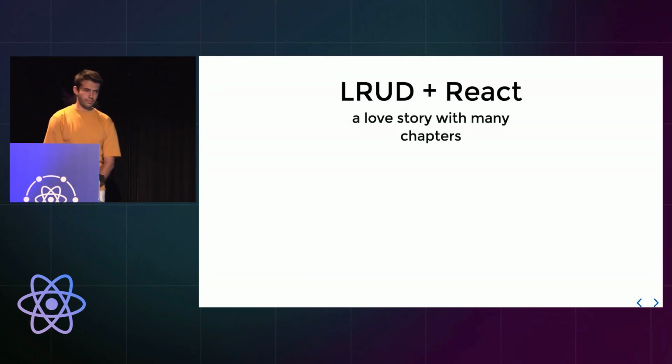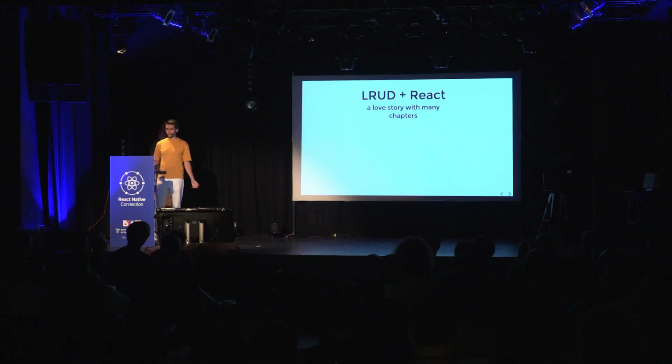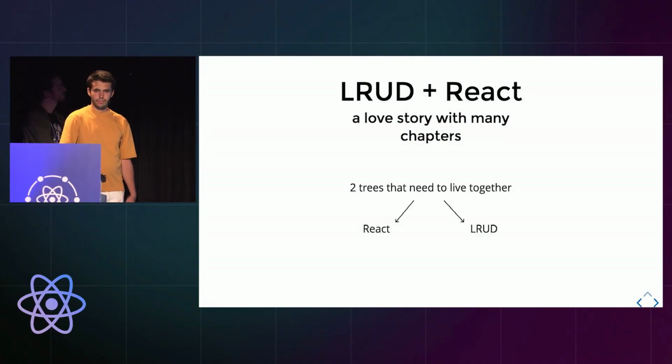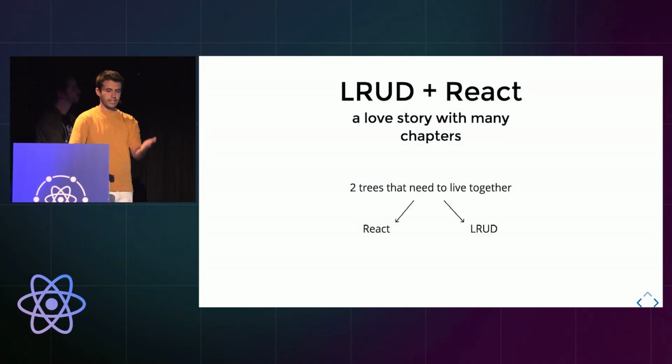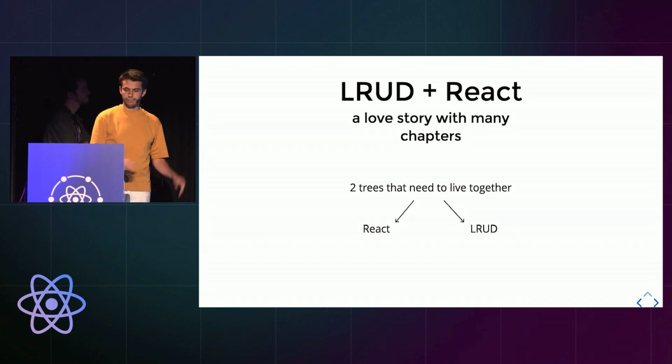Yes. So I showed you the API we want. Pierre showed you how Lrud works. So let's plug it all together. As Pierre said, React is a tree and Lrud too. So what we want to do here is to automatically create the Lrud tree from the React tree.